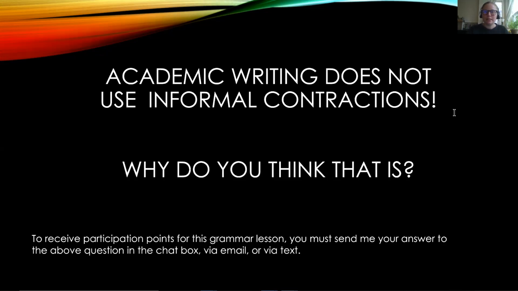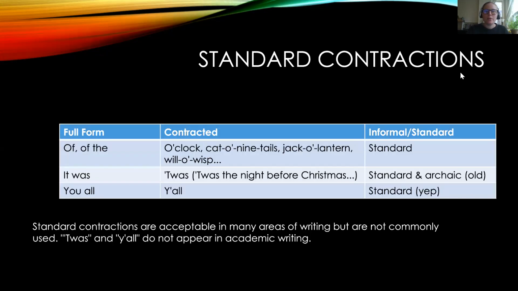So let's get back. We have a few standard contractions, and only one really appears in academic writing, but others are seen as very acceptable and not informal, like they're not as casual.